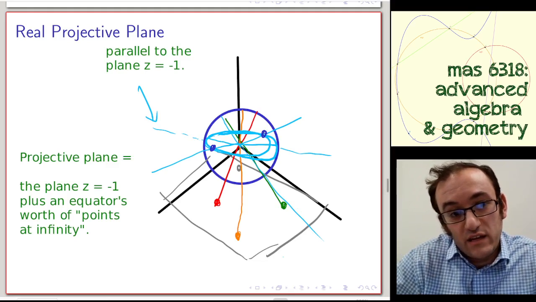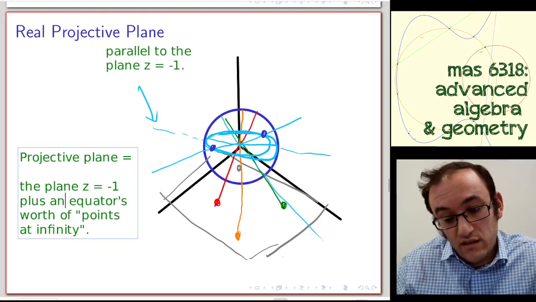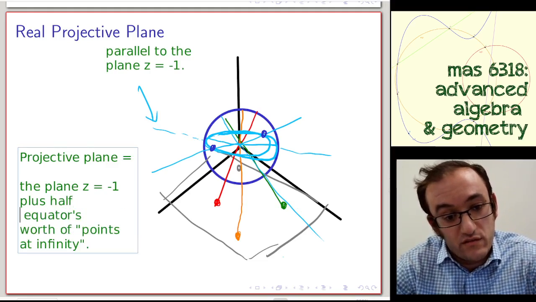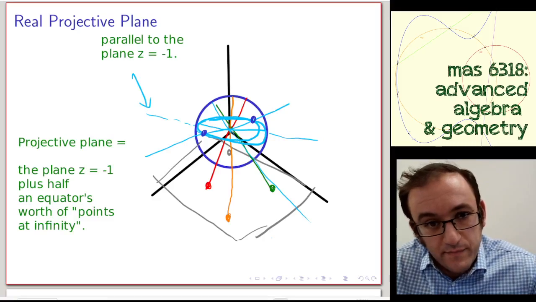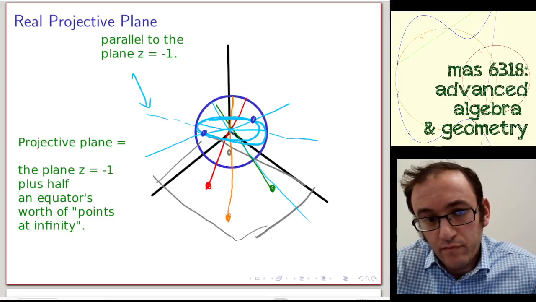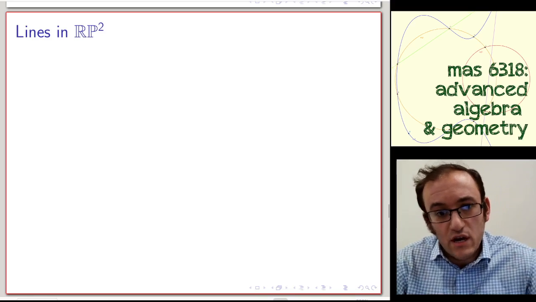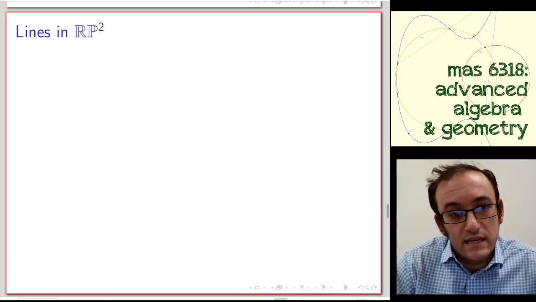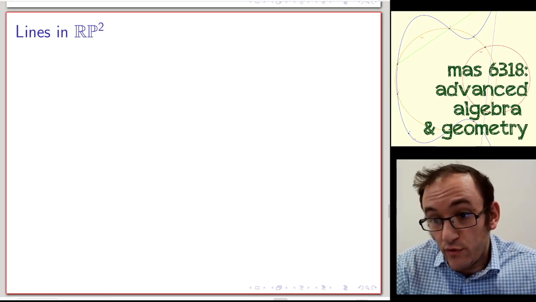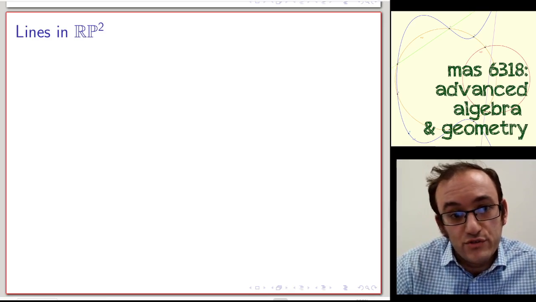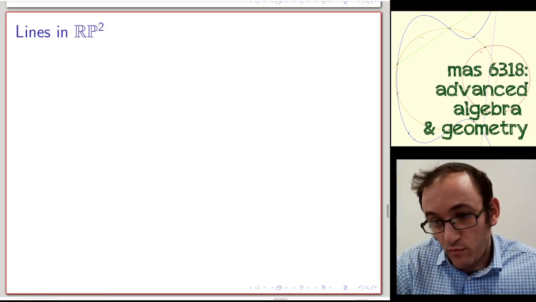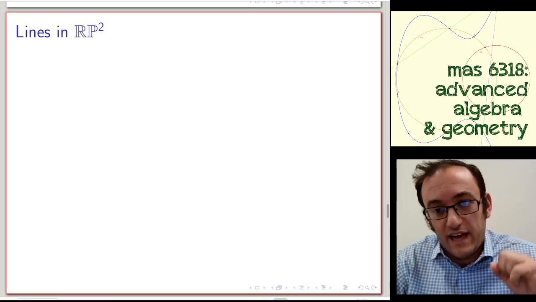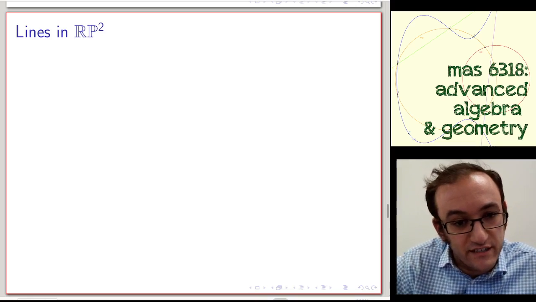So it's not quite an equator's worth, it's actually half an equator's worth. Now we can talk about what lines in RP2, the real projective plane, should translate to in terms of that sphere where we're projecting from.